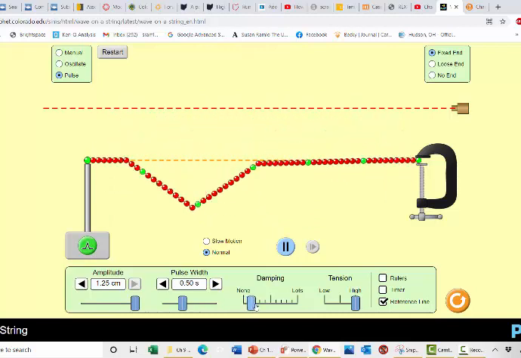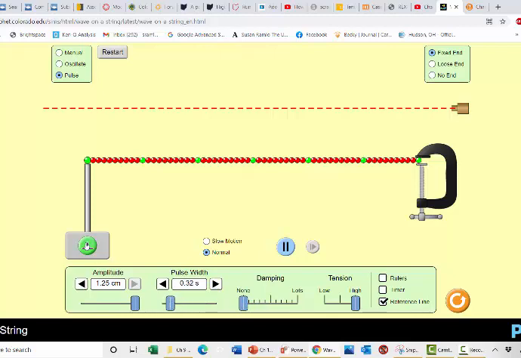If I have dampening, which is another nice way of saying friction, then I can come in here. I can't even make a cycle because I have so much dampening. I can also come in here and change my pulse width, make it smaller, or make it bigger.